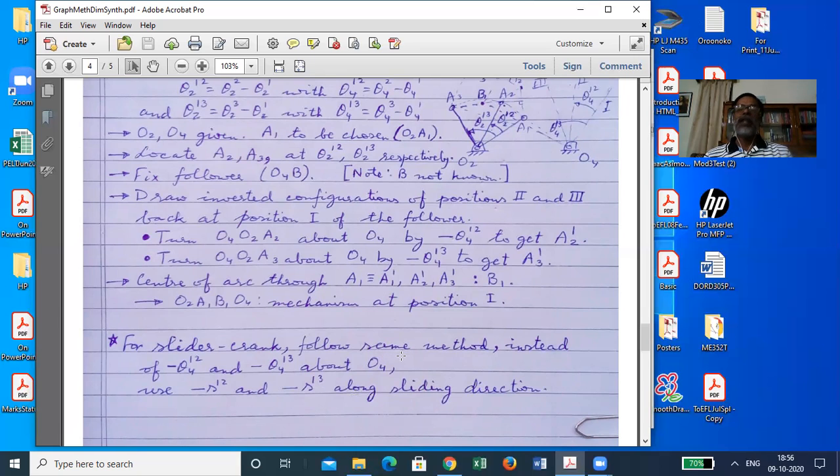About O4 gets replaced with along the sliding direction, and these two get replaced with the corresponding sliding motion. Okay, and that leaves us only with the dead center problem.